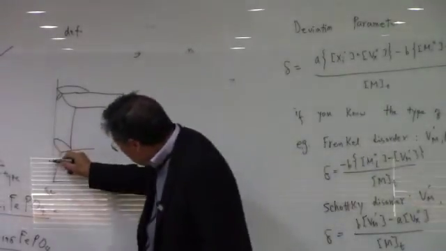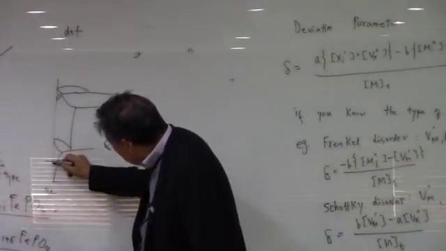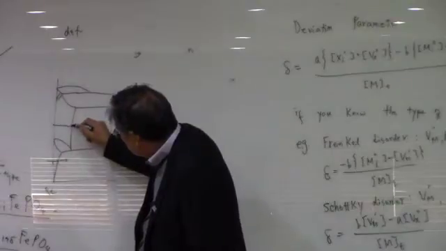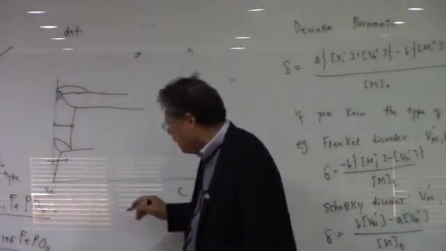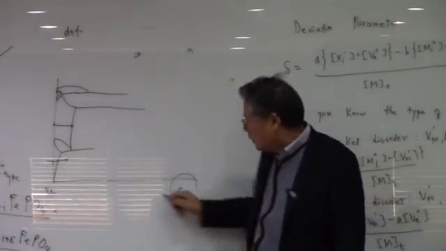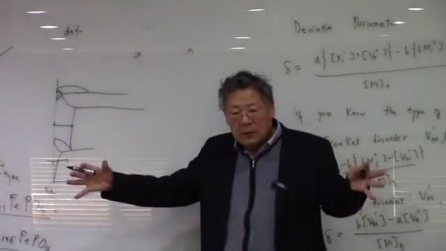Then at this temperature, there is a solubility limit, something like this, okay? At each temperature, we have a different solubility limit of the carbon into the iron matrix.